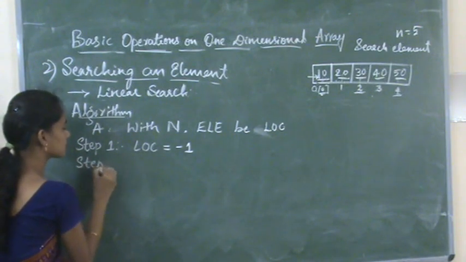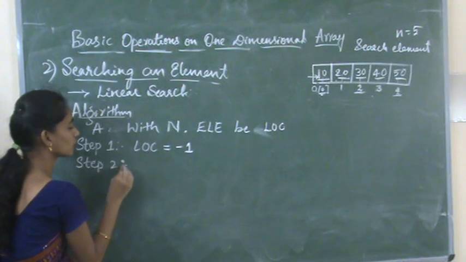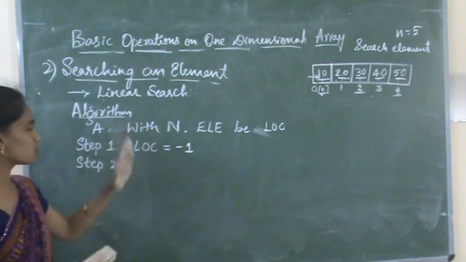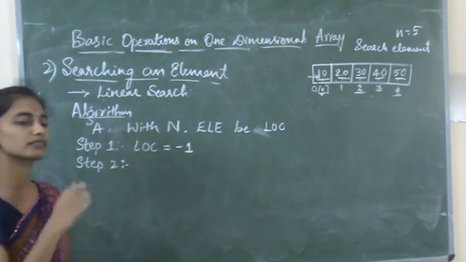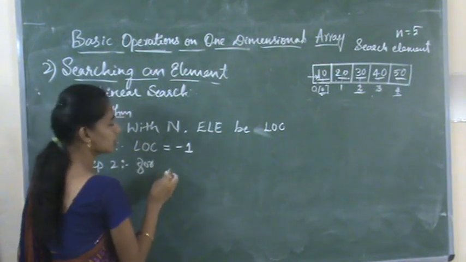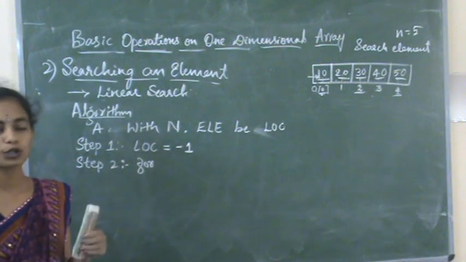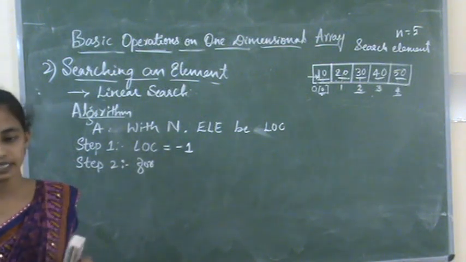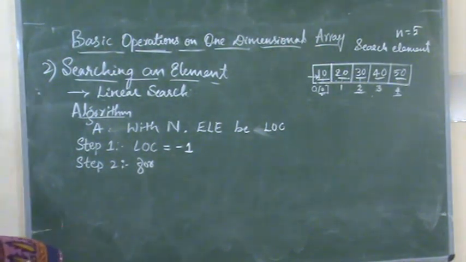Next, second step. To search we have to traverse the array, right? For that we are using a for loop to search that element in an array.